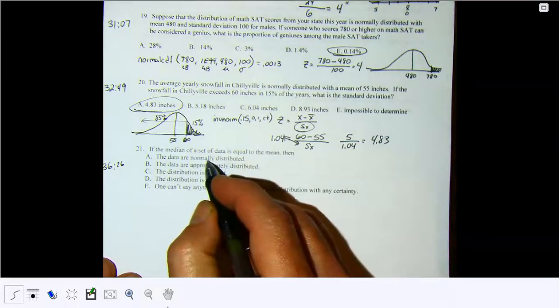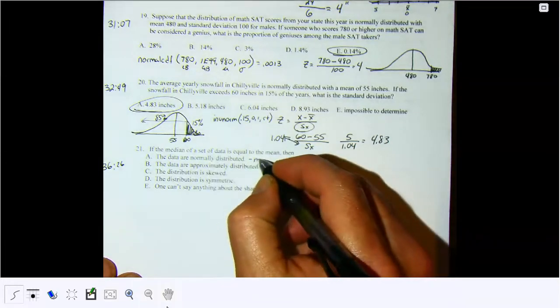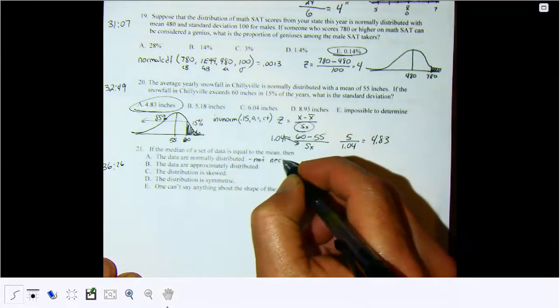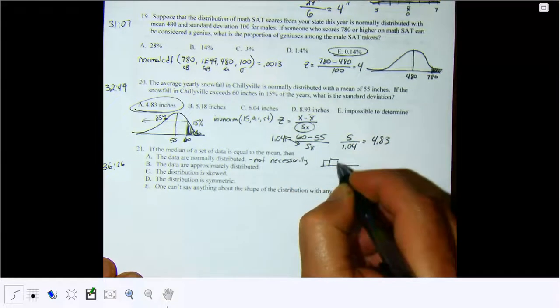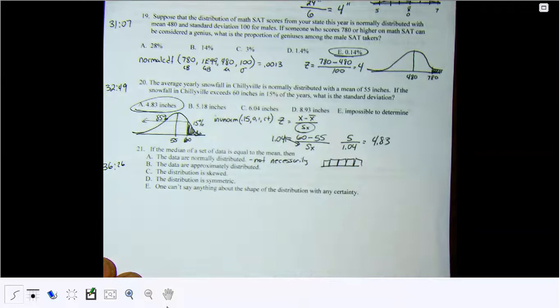If the median of a set of data is equal to the mean, we talked about this earlier, it could be if it is symmetric, it could be if it's normal. But remember, that's not necessary, because it could be symmetric, and my mean and my median will match up on that too.